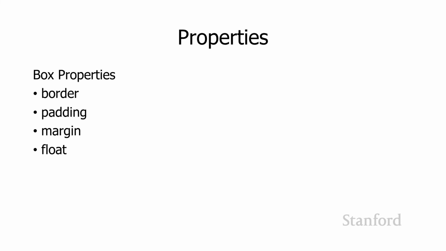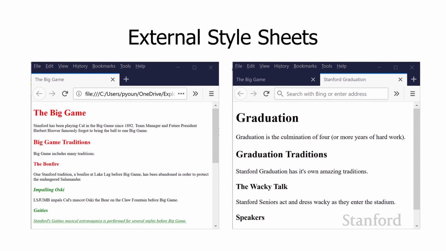Okay, so as I said when we started this all, we put the style tag directly into the HTML file. I did that because I think it's easiest to understand what's going on, but it's not always the best approach. Let's say I've got another web page.